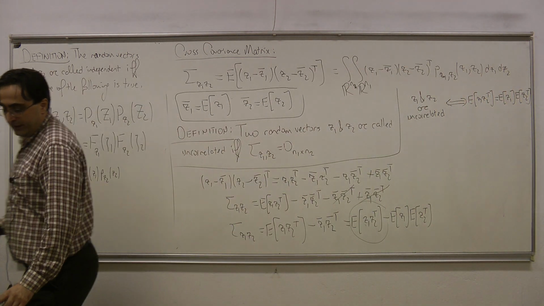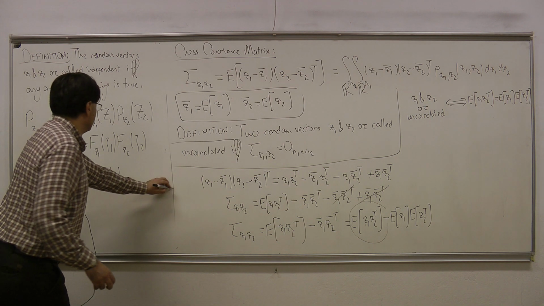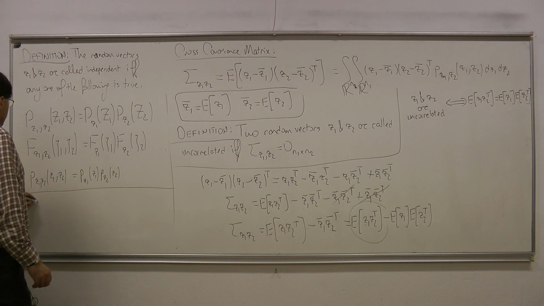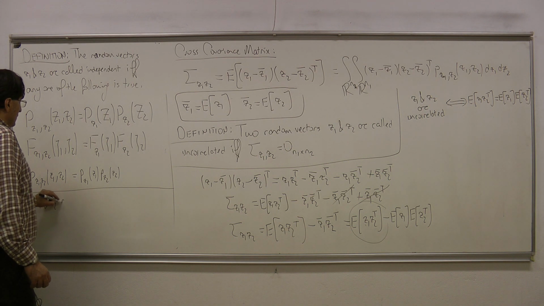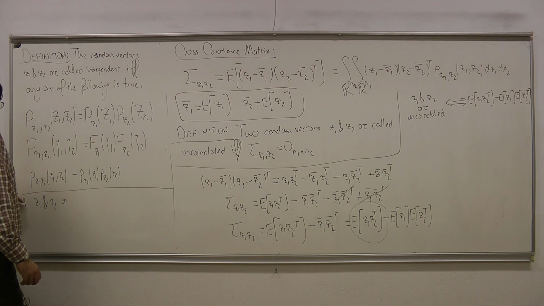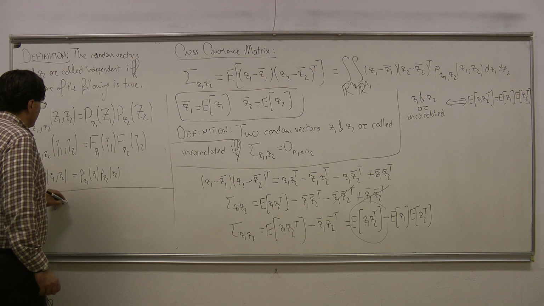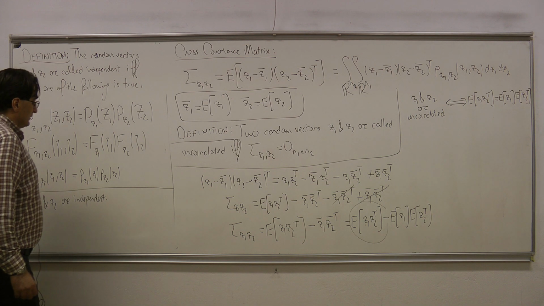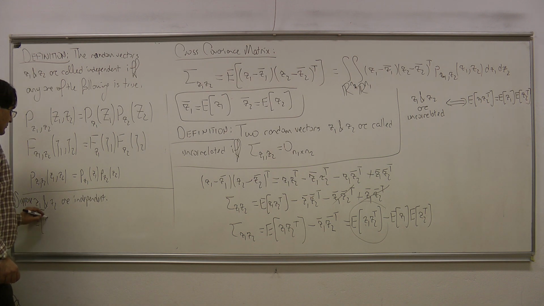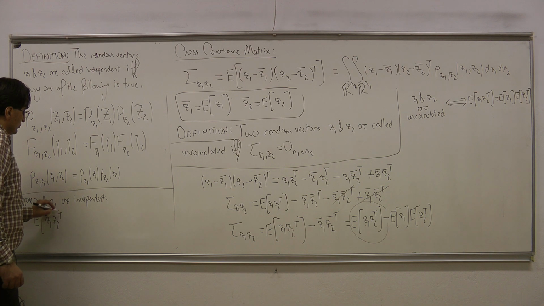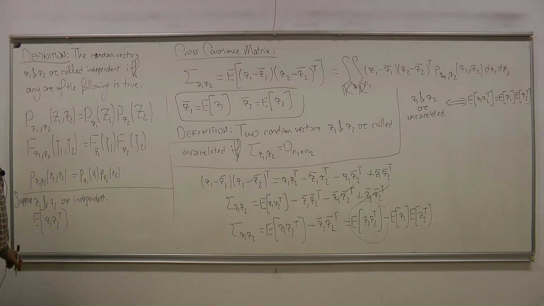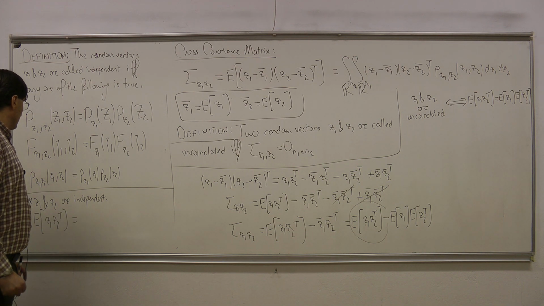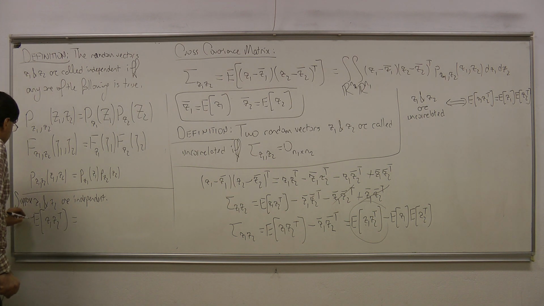Okay? So here, just in order to see that, let us assume that Z1 and Z2 are independent. Then I'm going to try to calculate the expected value of Z1 Z2 transpose based on the independence assumption. So this is not cross correlation, cross covariance matrix, sorry.